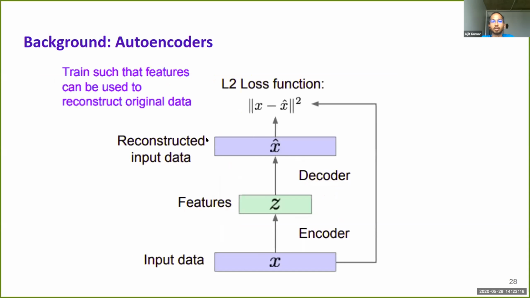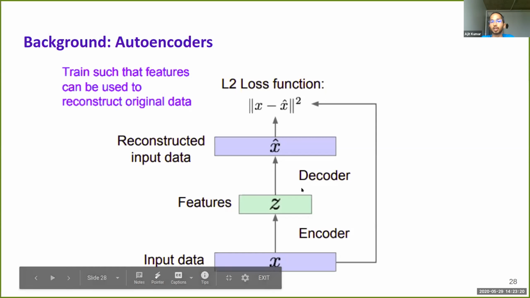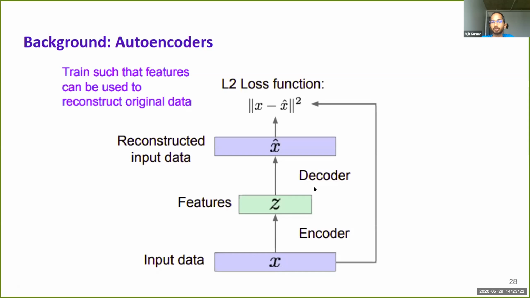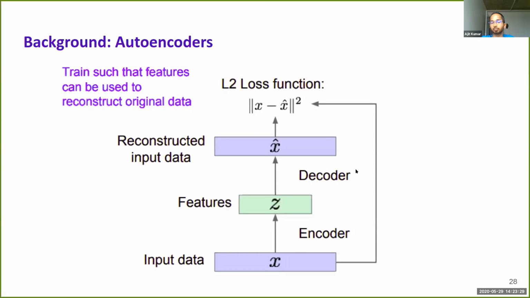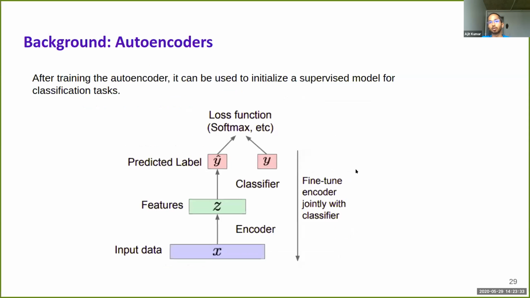And once we learn the values of the encoder and decoder networks, then we can use this to initialize another supervised model, because till now we don't have any labels. Let's say that our training data is very small, and we have only a few labels available, but we have lots of unlabeled data, which is easy to get.